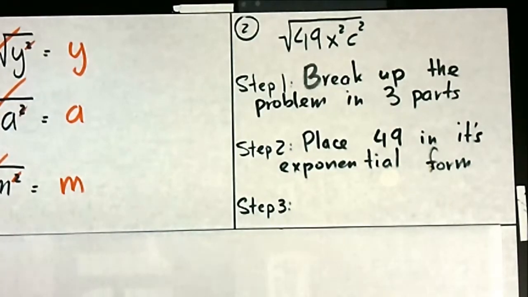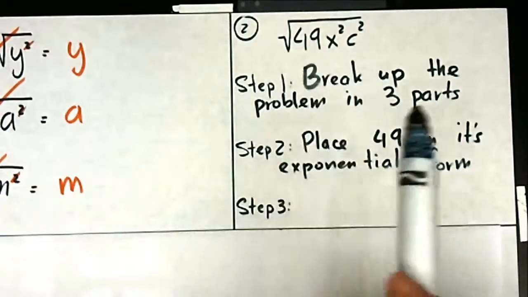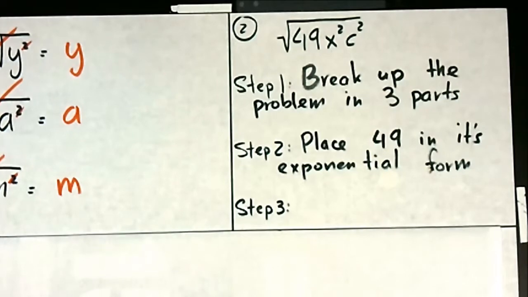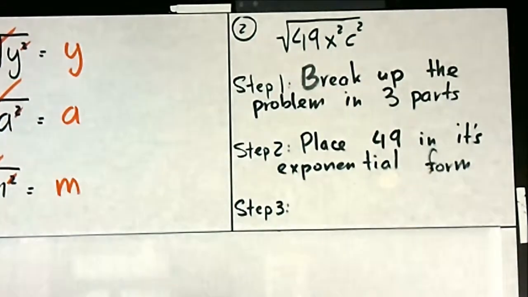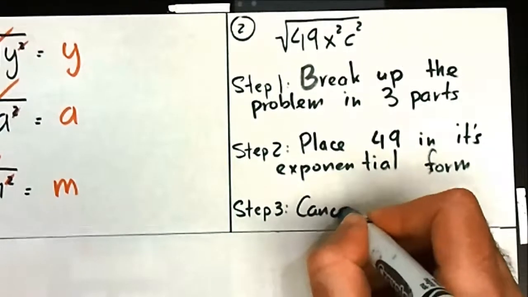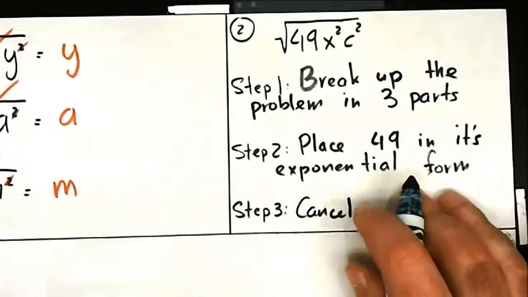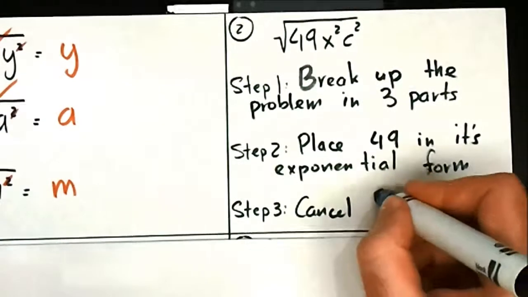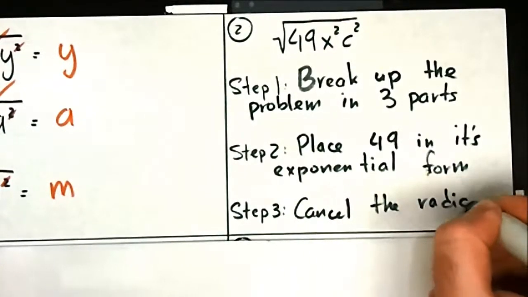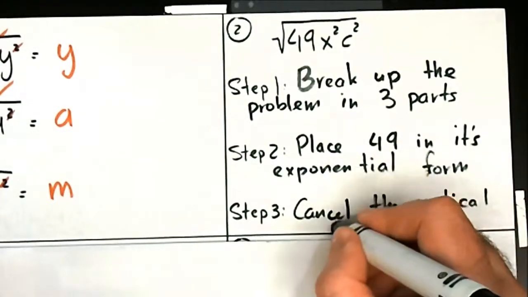And what's the last thing you would do after you broke these up into 3 parts and placed 49 in its exponential form? You would cancel the radical with the exponent.